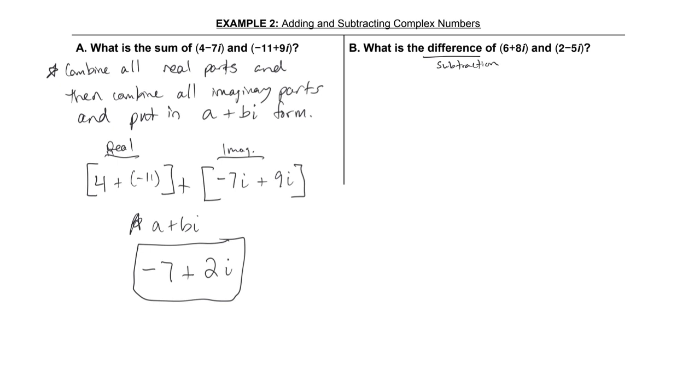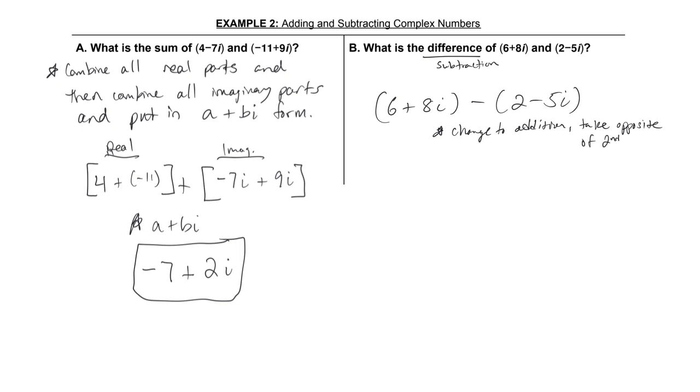Now the difference, subtraction. So we get 6 plus 8i minus 2 minus 5i. So we want to change to addition, so we need to take the opposite of the second parentheses.